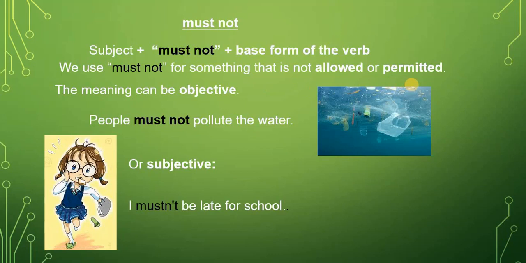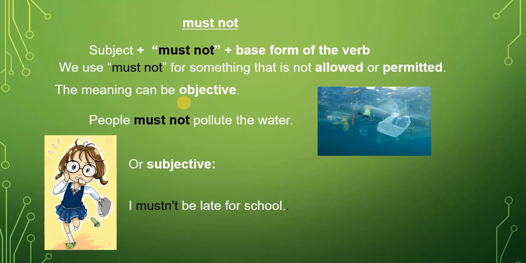So, something is prohibited, which means not allowed or not permitted. It's an instruction not to do something, and the meaning can be objective or subjective. That means the meaning can be an external obligation or an internal obligation.